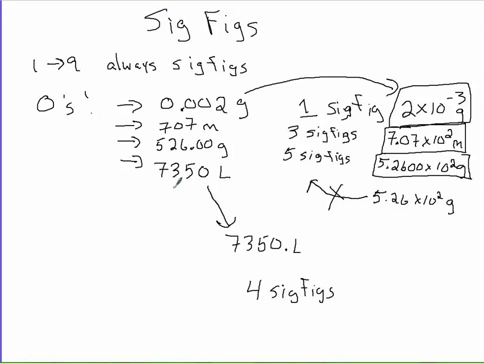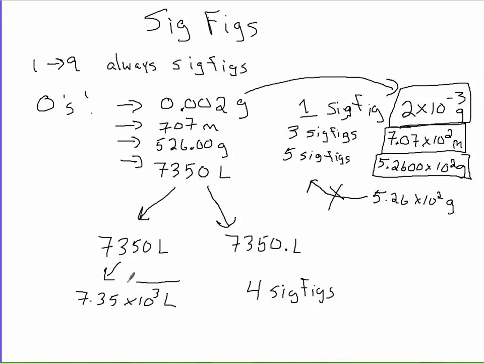If, however, we express this as simply 7,350, and we didn't want that 0 to be significant, then we would probably be better served by expressing this as 7.35 times 10 to the third.